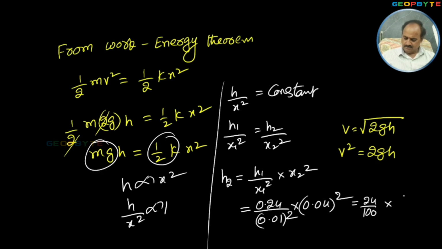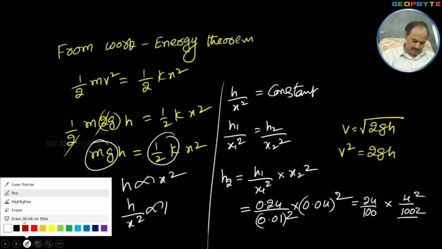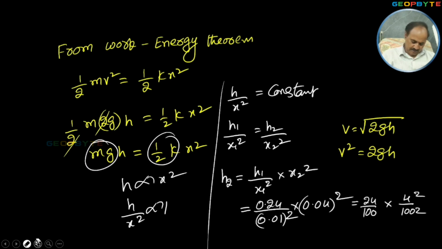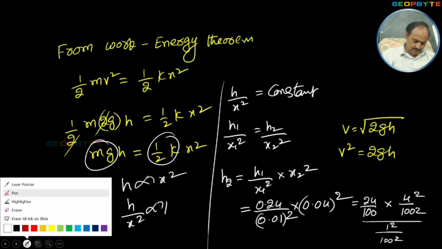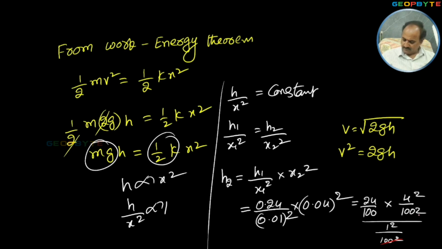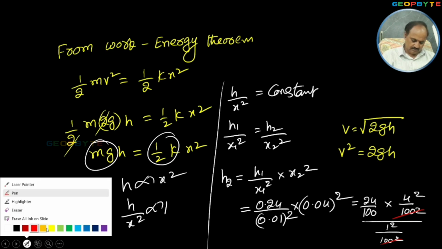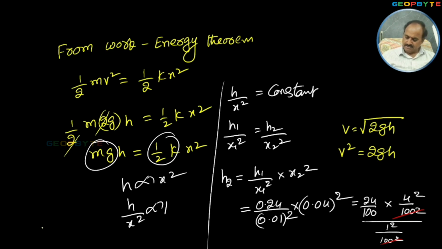This 0.04 I can write as 4 by 100, or 4 square by 100 square, divided by 1 square by 100 square. This 100 square part is cancelled. Now here 4 square into 24. 4 square is 16. 16 into 24.